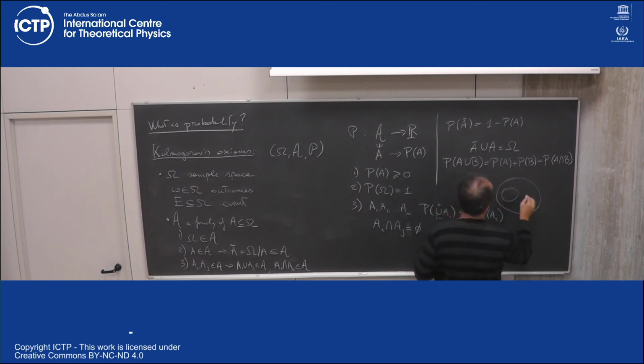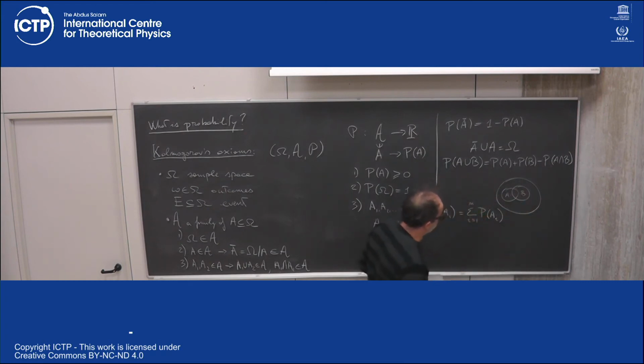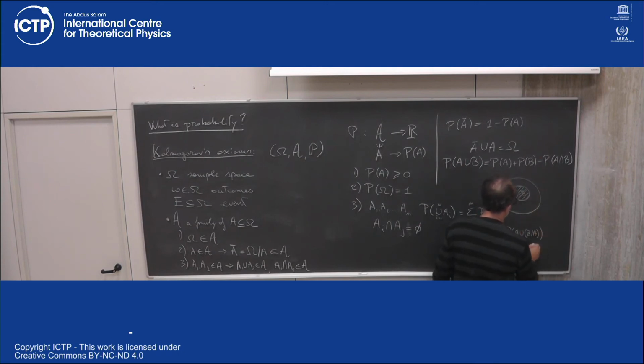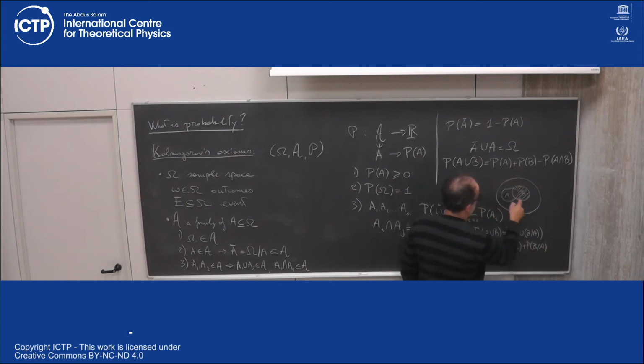Well, if you have these two events, A and B, essentially you can write that the probability of A union B is the probability of A union with B but not A. Okay, so with this part of B which does not belong to A. And this is clearly the probability of A plus the probability of B and not A, because these two events are disjoint.